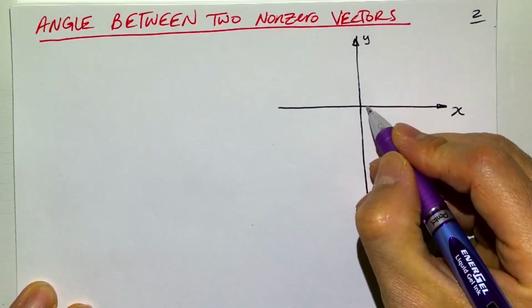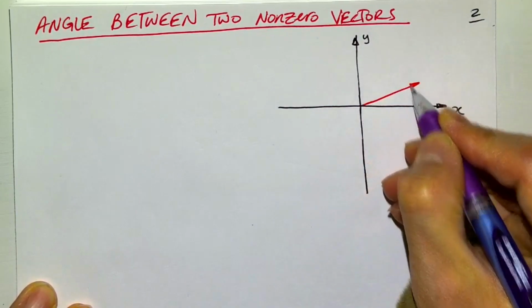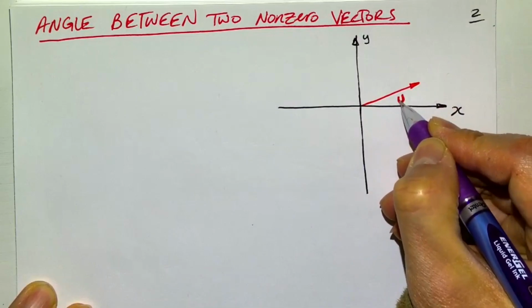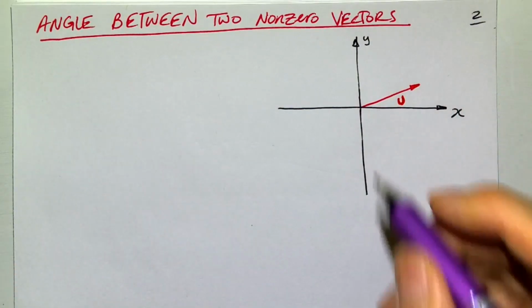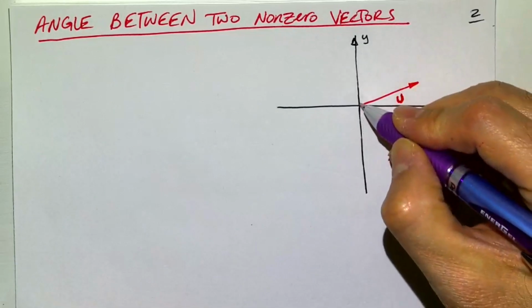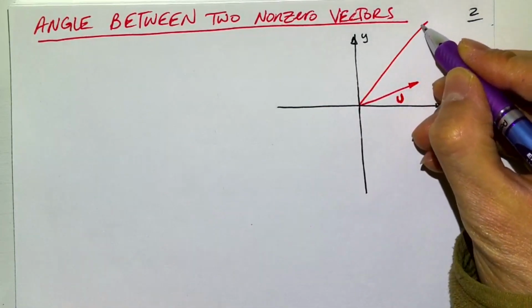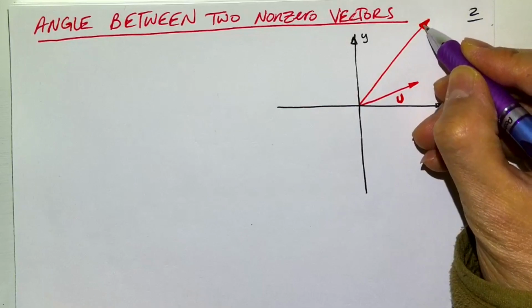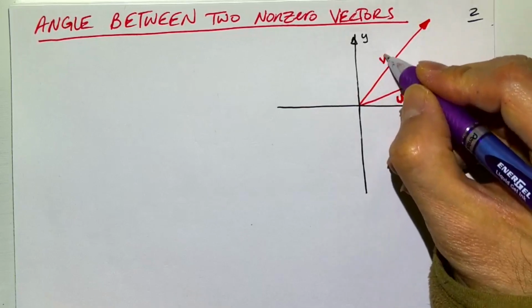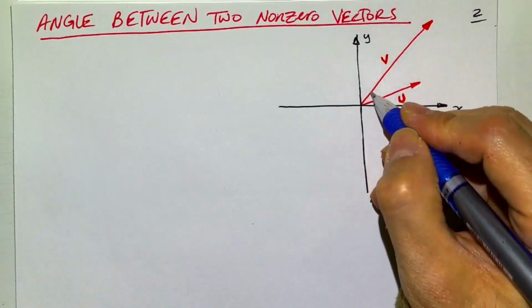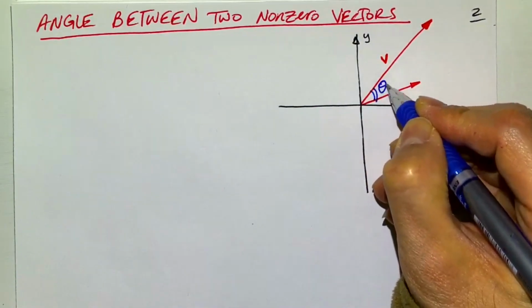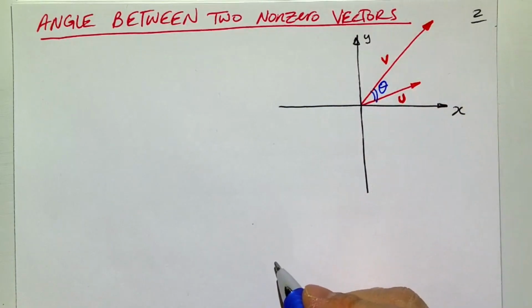Let's call one of them vector u, and suppose the other one is vector v. So we're interested quite often, what is that angle between them? What is the measure of that angle? And we can use dot products to calculate that.